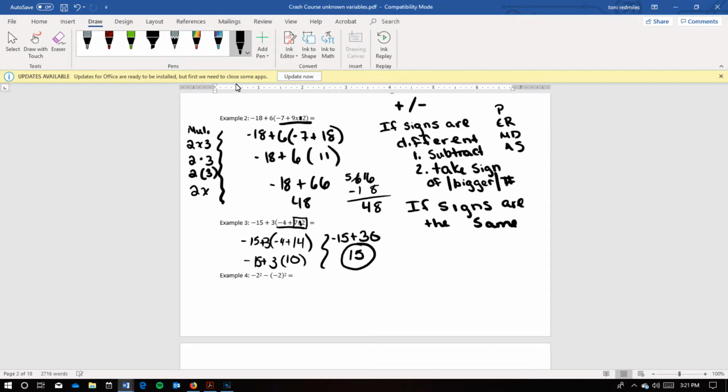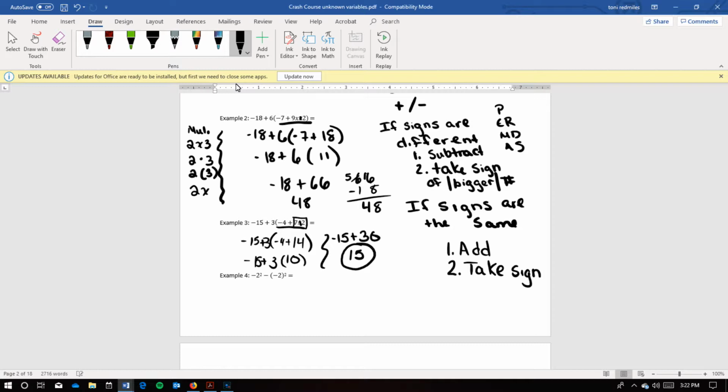Okay, so we didn't run into any same signs, so I'm going to give you those rules. If the signs are the same, we do the opposite of the first step. Instead of subtract, we add. And we still take the sign of the bigger number, but since they both have the same sign, you're just taking the sign.